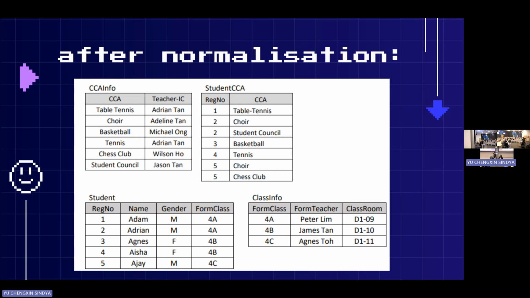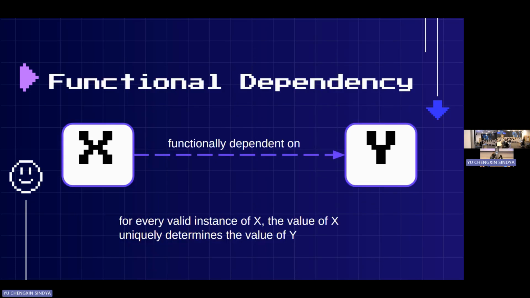We have CCA info with the CCA and the teacher. We have the student corresponding to which CCA they're doing, and you have the student and the class. Okay? So think about optimizing your database. So instead of having 200 columns, you might have maybe 20 different tables, each with 10 rows. Okay? As I was saying, it's all about creating entities, right?